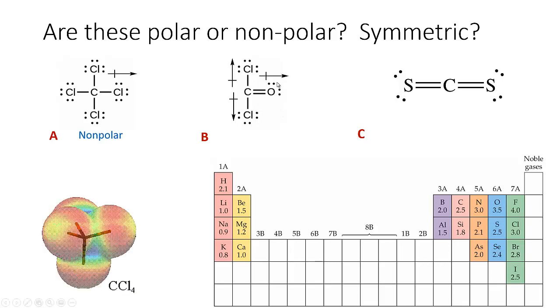All right, what about molecule B? So this is trigonal planar, so they're all pulling in opposite directions like a triangle. But the thing you have to remember is that they're different atoms now, so it's not a symmetric molecule, which means the electrons are going to be wanting oxygen more than either of the chlorines. So this oxygen is sort of like tug of war. It's the strong man.